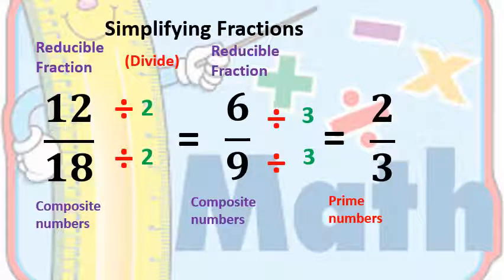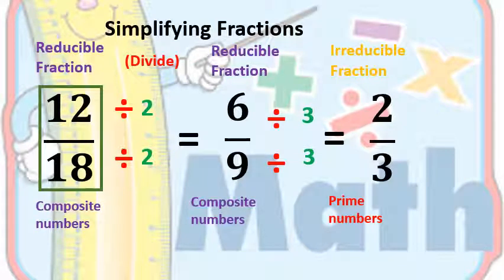Whereas this fraction having prime numbers, where I cannot simplify it or divide it anymore, we're going to call an irreducible fraction. So we have reducible fractions and we have irreducible fractions. So this is reducible, this is irreducible.